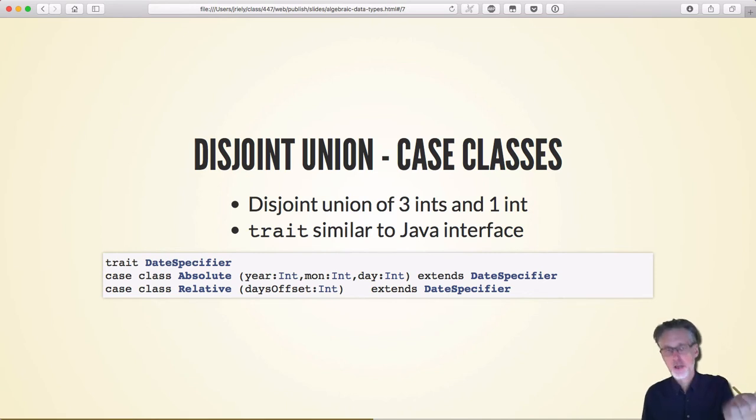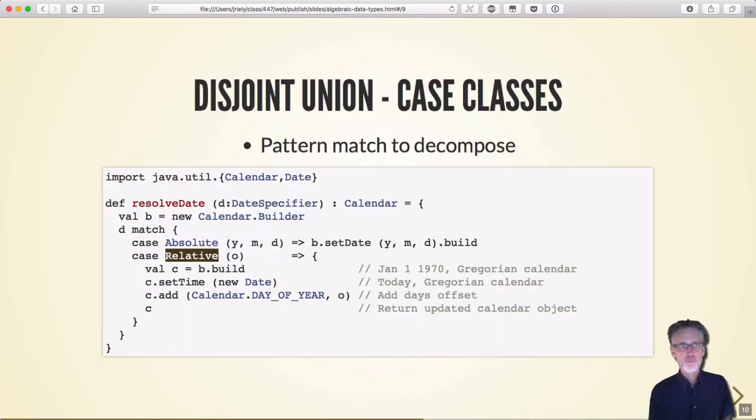So what we can say is a color is either a CMYK or an RGB. CMYKs have 4 fields, RGBs have 3, and then you can use them to do various things. So this kind of idea of a disjoint union of products is very, very powerful and useful.